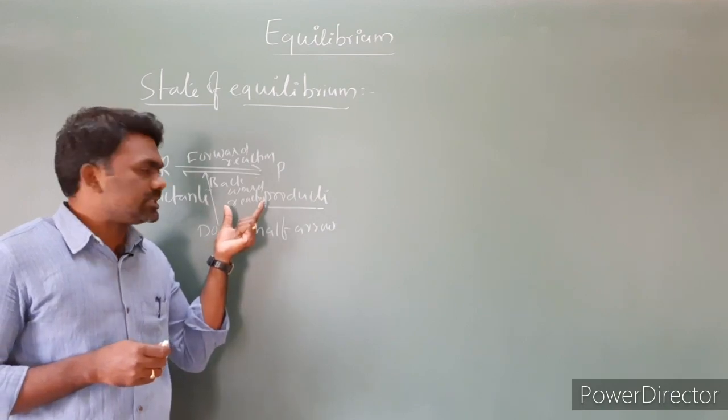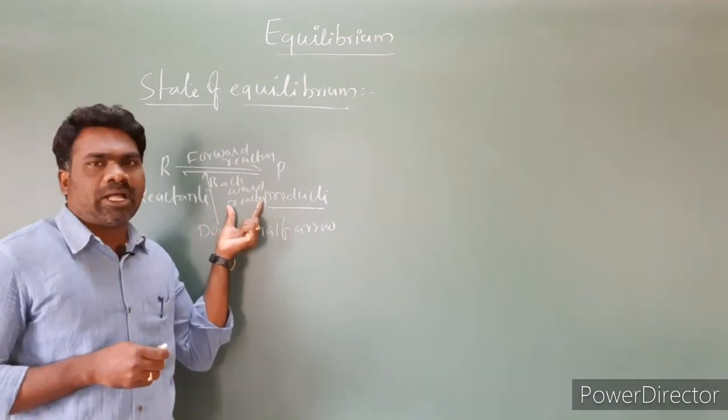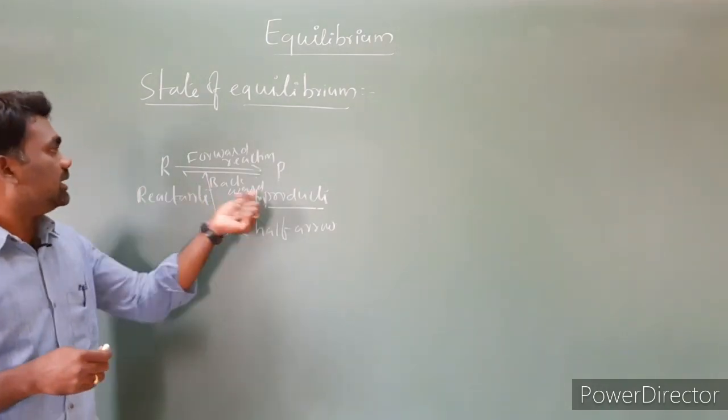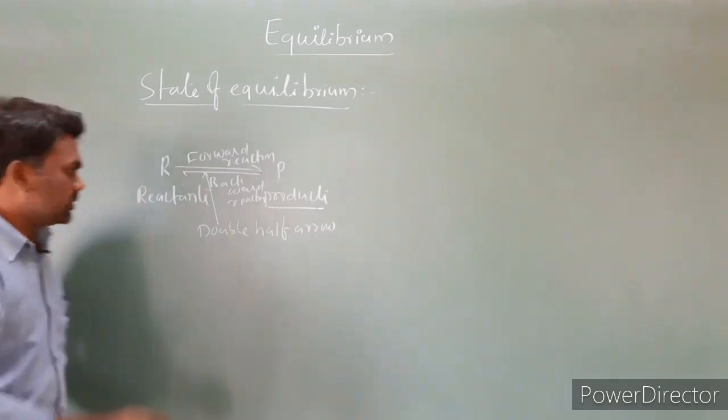A state at which the rate of forward reaction becomes equal to the rate of backward reaction, we can say that equilibrium exists between the reactants and products.